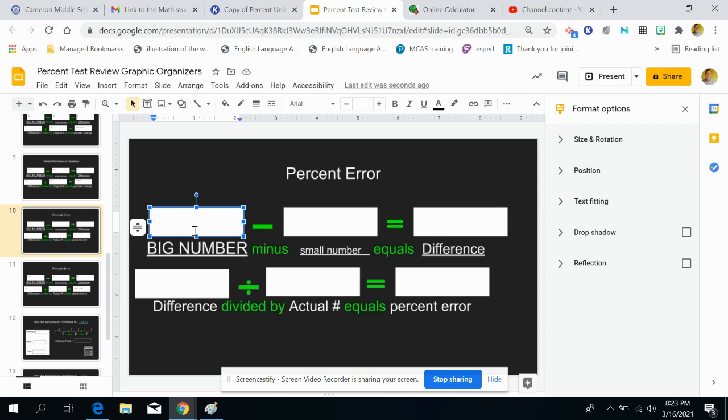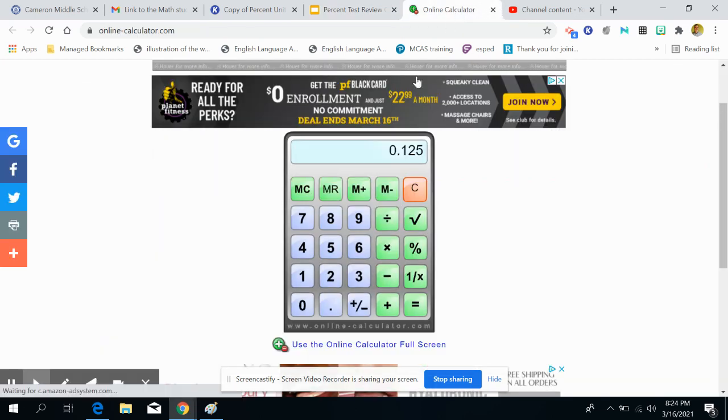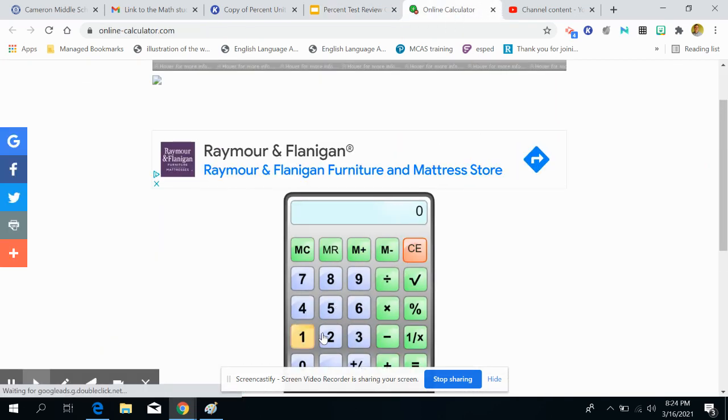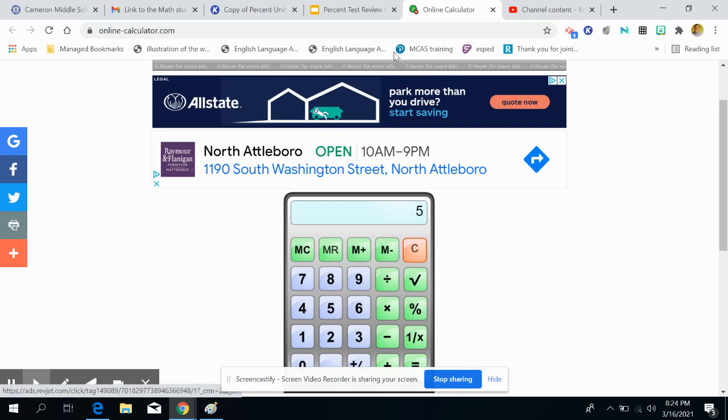And we start by finding the difference. So the big number minus the small number. My big number was 25. My smaller number was 20. I'll use my calculator to check. 25 minus 20 equals 5.